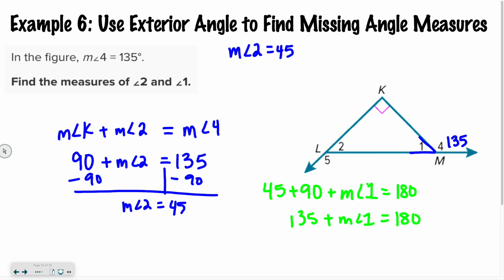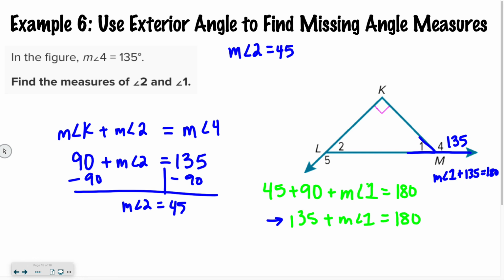So notice that when I did that, I got something that would be the same way as solving if we just treated them like they were supplementary, right? Because I would say the measure of angle 1 plus 135 equals 180. So it doesn't matter which method you choose, they will both give you the correct answer.